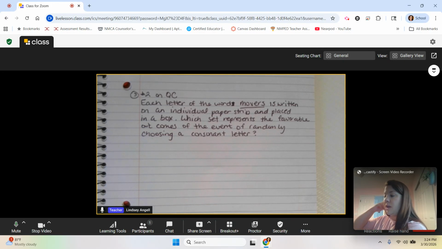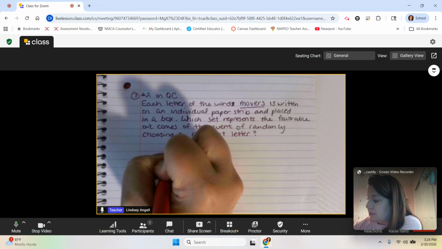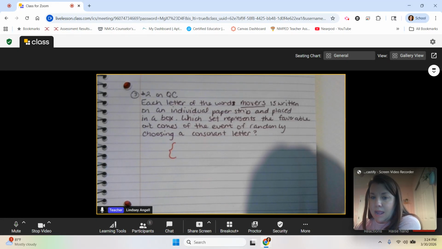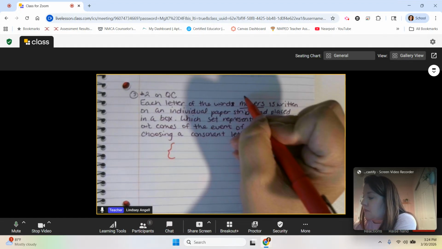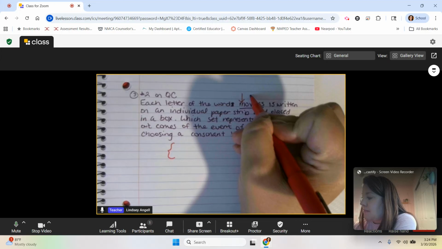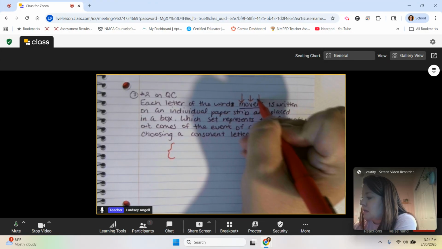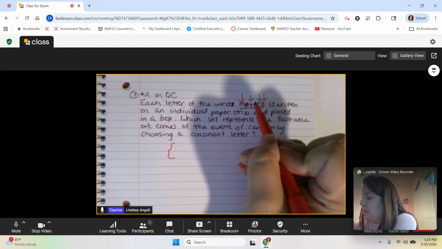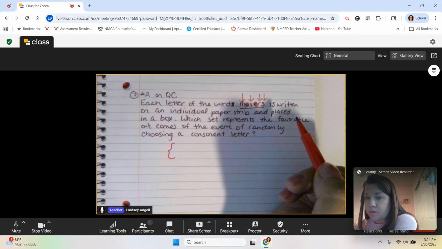The way that you write a set, you always have this little squiggly grouping symbol. I don't know what the official name is, okay? And then the ones that we are looking for are the consonants. Well, that's an M, that's a V, an R, and an S. The O is a vowel, and so is the E, so we don't want those.